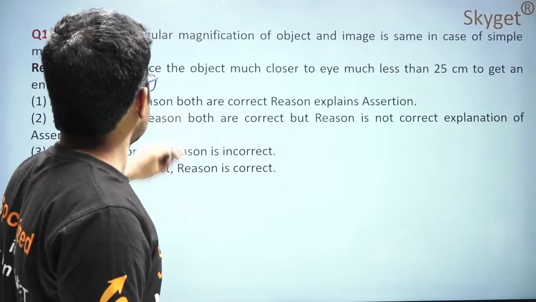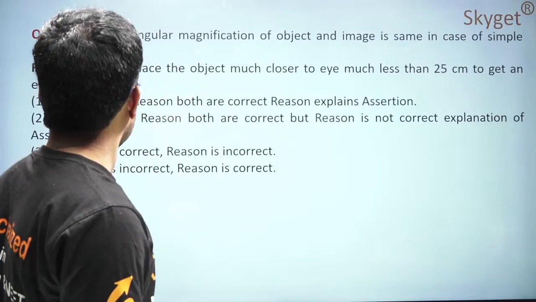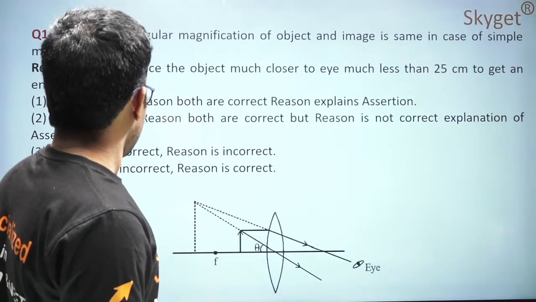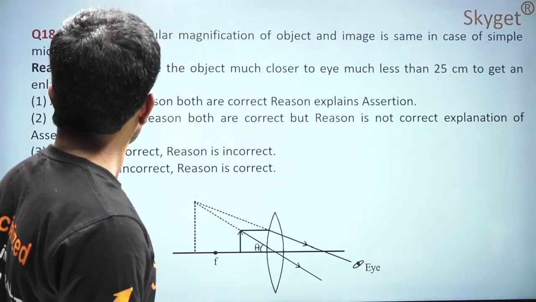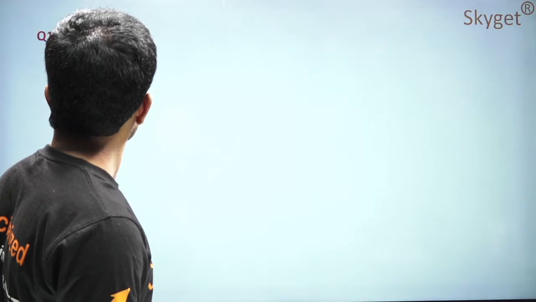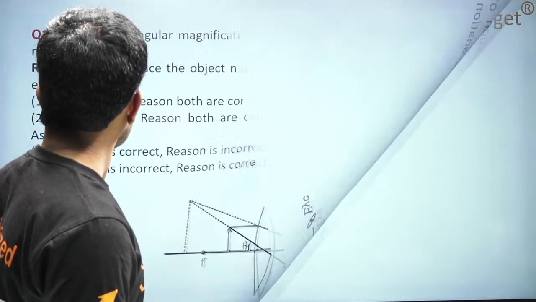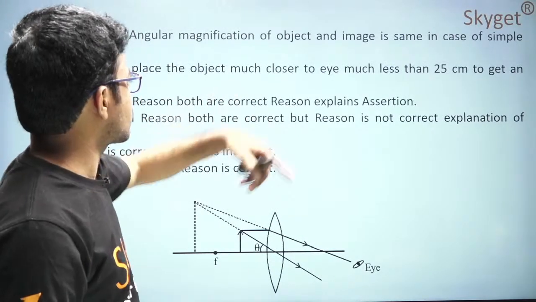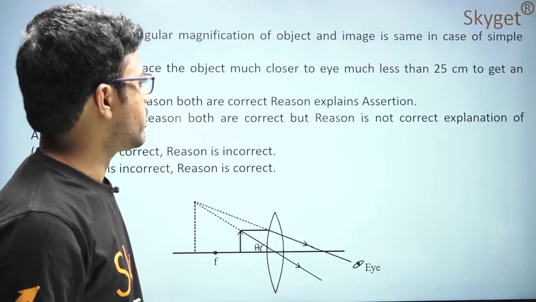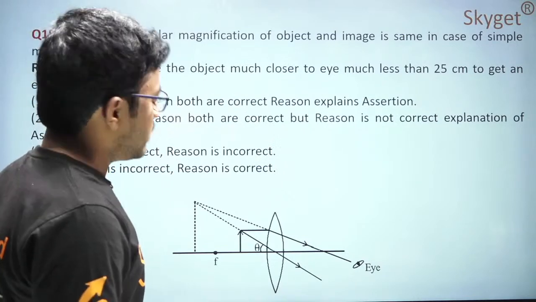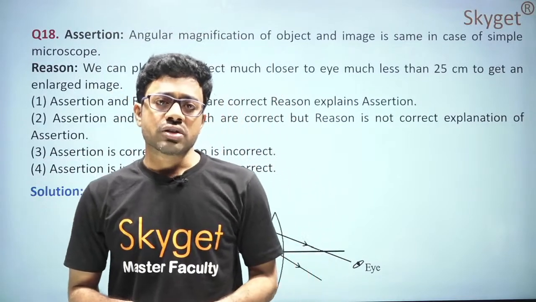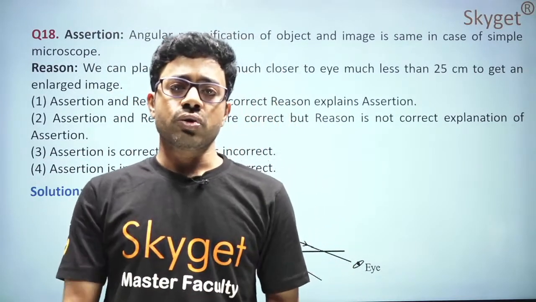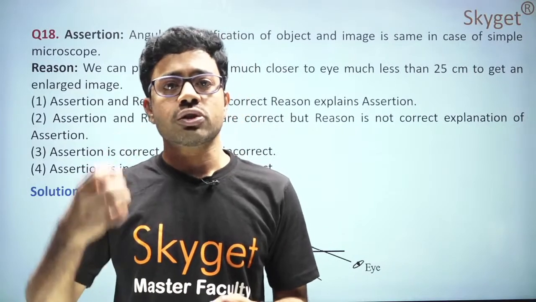And in the reason, we can place the object much closer to the eye, less than 25 centimeters, to get an enlarged image. So what should we think of a simple microscope? In case of a simple microscope, you have to make smaller objects look bigger.